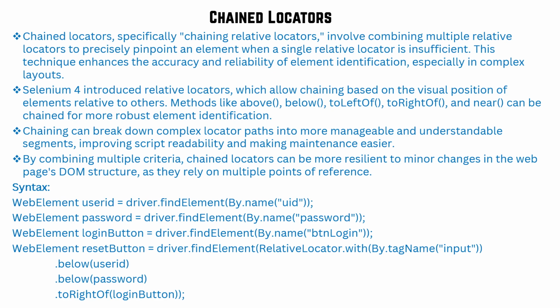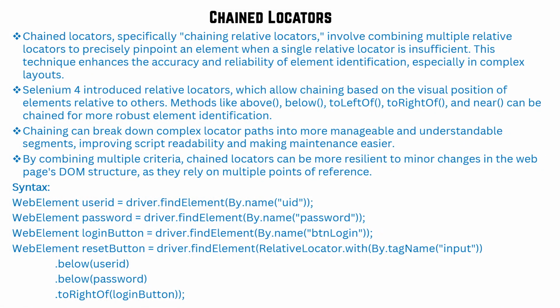Again, the same is Selenium 4 only. Chain locator, specifically chaining relative locator, involves combining multiple relative locators to precisely pinpoint an element when a single relative locator is insufficient to identify the element uniquely. These techniques enhance the accuracy and reliability of element identification, especially in complex layouts. It is introduced in Selenium 4.